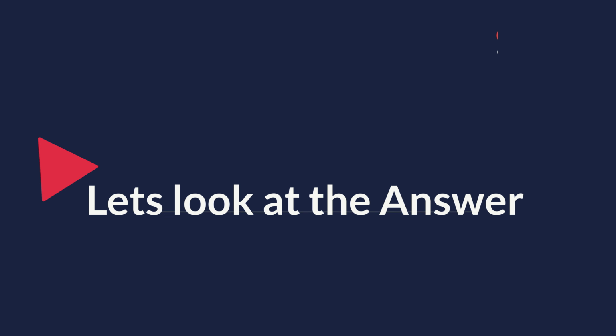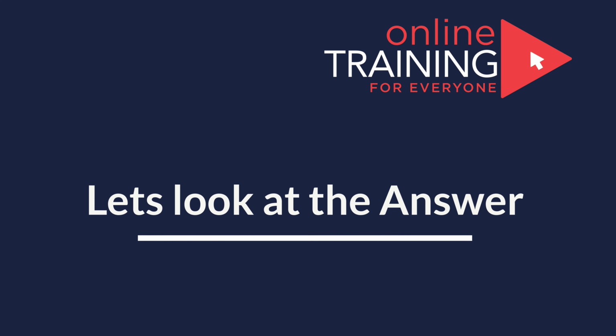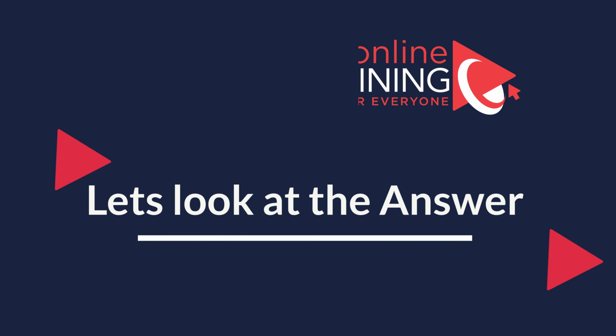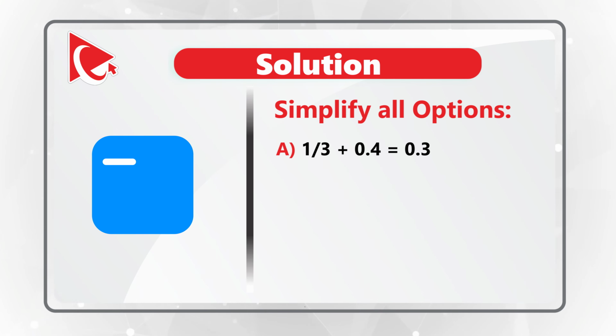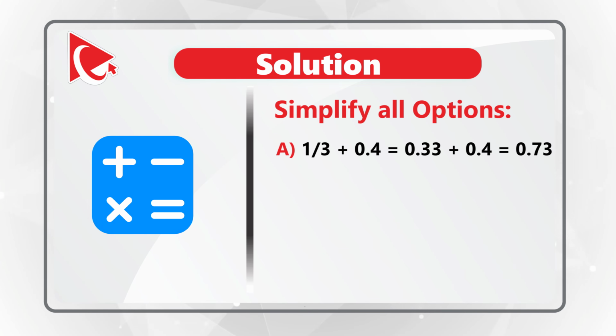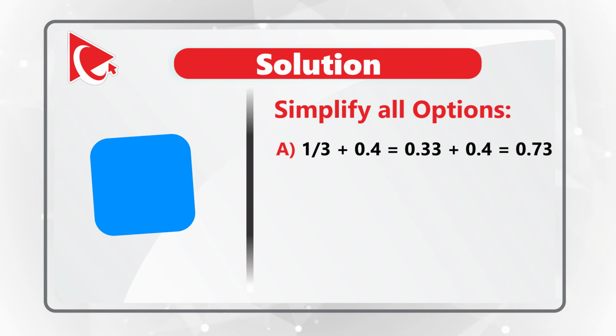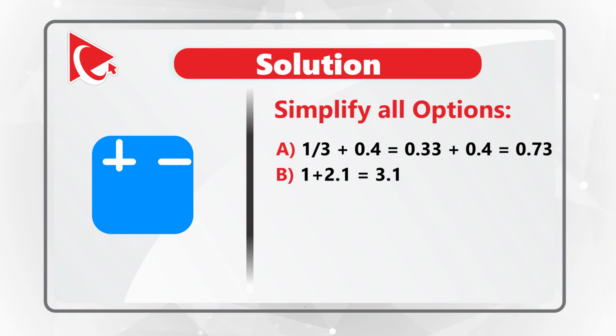The tricky part here is that the question is designed to make you do a mental math. To get to the final answer, you need to simplify all the options. For example, option A, 1/3 plus 0.4 equals 0.33 plus 0.4, which is 0.73. Choice B, 1 plus 2.1 equals 3.1.